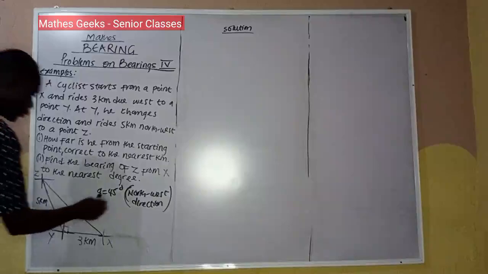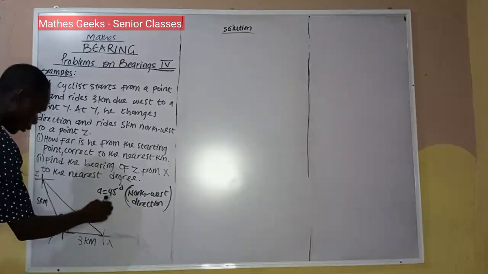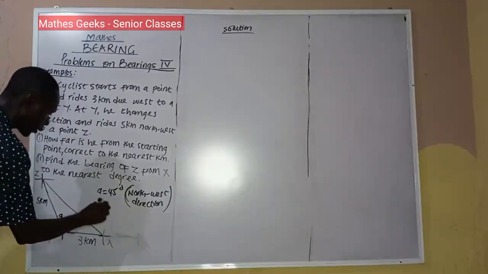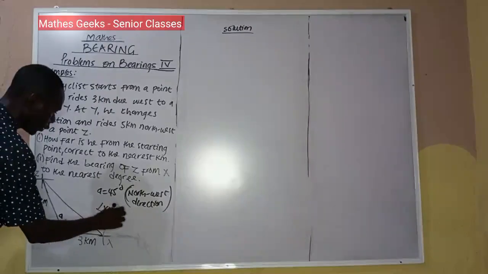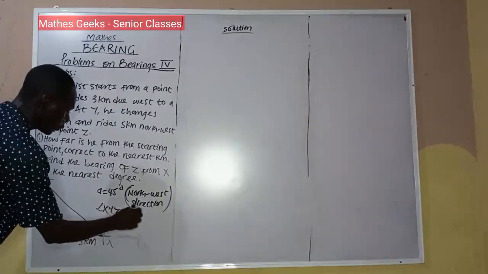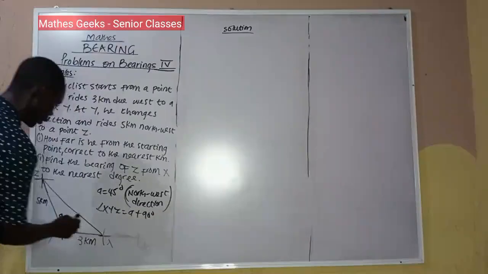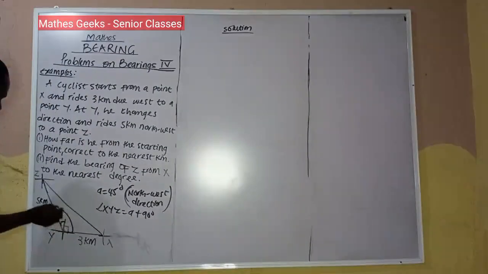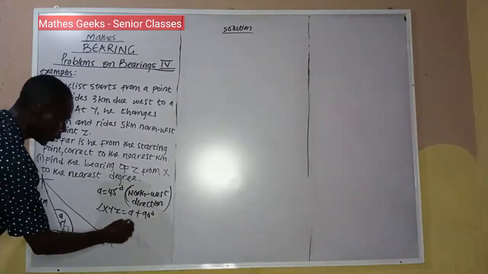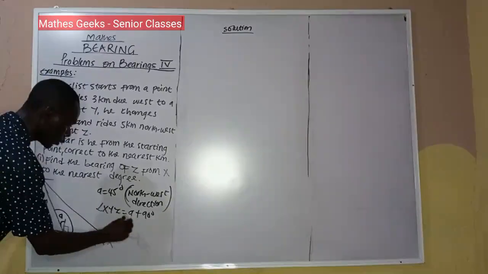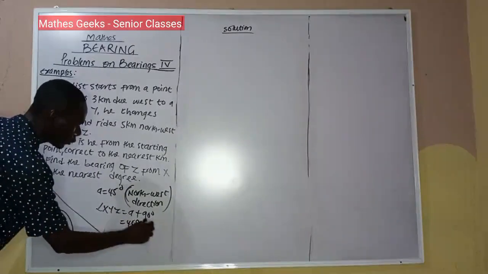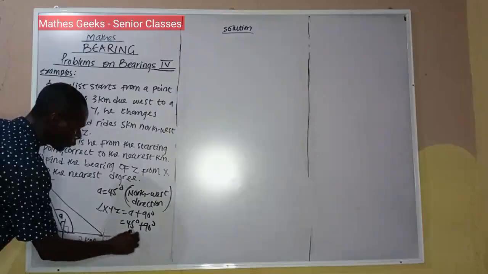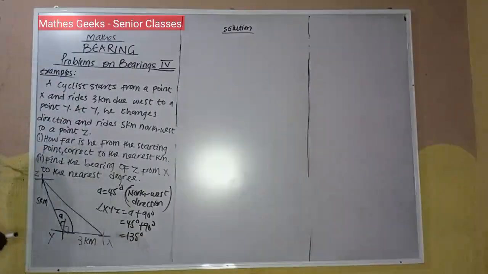And then angle XYZ is equal to E plus 90 degrees, which is this total angle. And this will give us 45 degrees plus 90 degrees, which is 135 degrees.